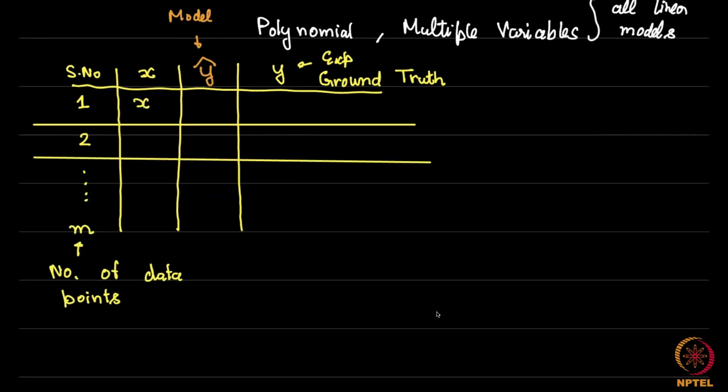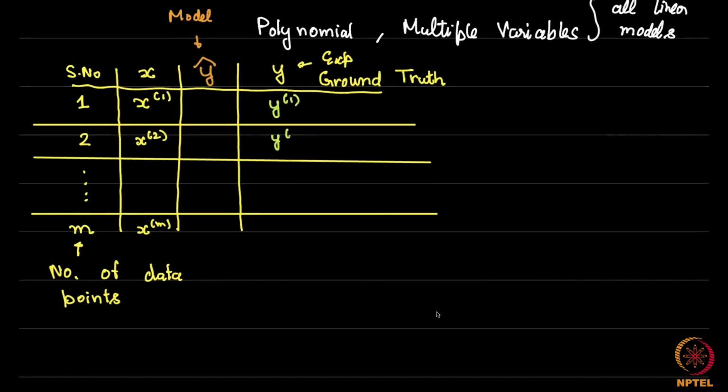Let's say x, I'm going to write a superscript for a particular reason. x1 is the first location, x2 is the second location, and so on till xm being the mth location. Corresponding to this, we have ground truth or the experimental values y1, y2, and so on until ym.